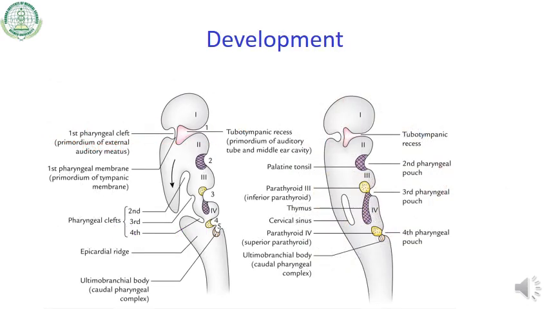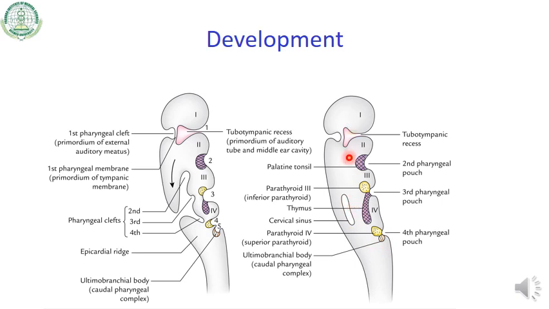Now we'll come to the development and then we'll go for the applied anatomy. So if you see in this diagram, this is the branchial apparatus in which first arch, second arch, third arch, fourth arch, fifth is not there and this is the sixth arch.